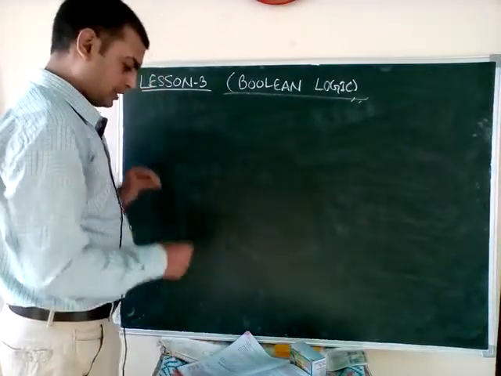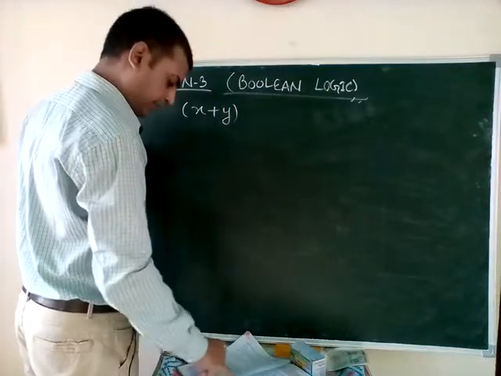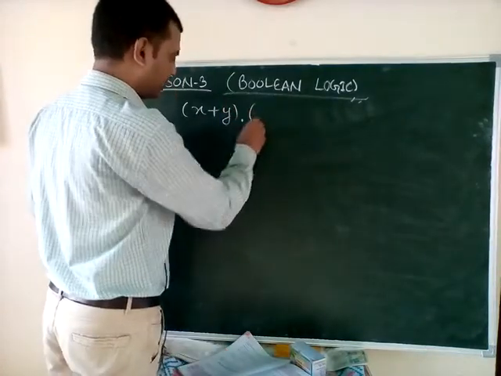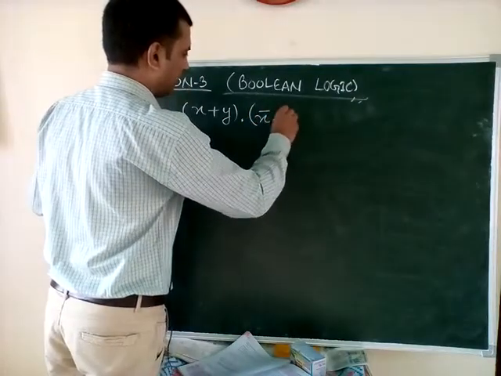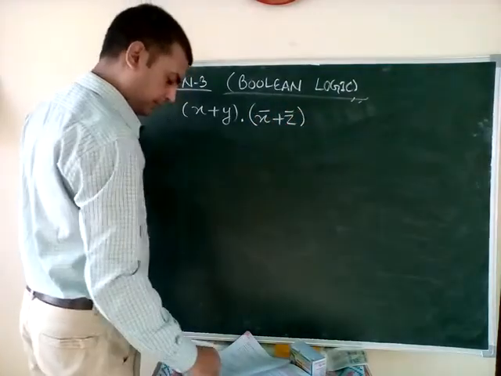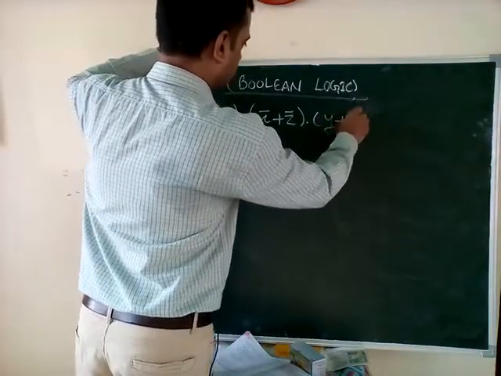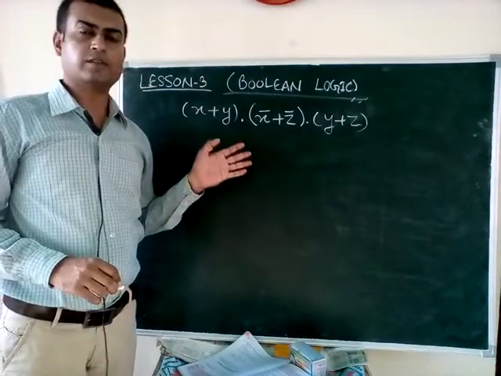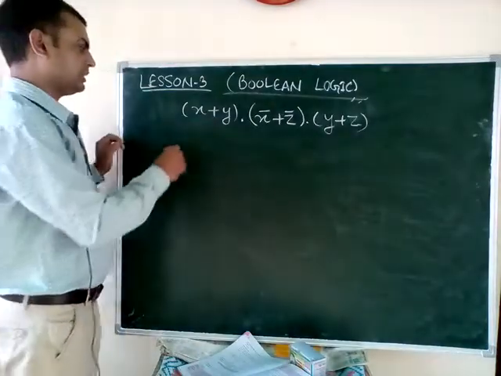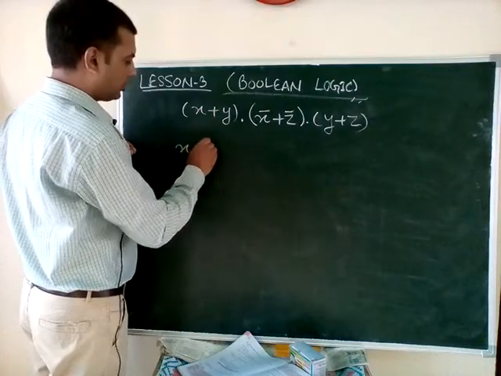A question is given, (x plus y) dot (x bar plus z bar), (x bar plus z bar) dot (y plus z). So we have to find the dual of this equation. So very easy it is. This is plus, so you will write x dot y.